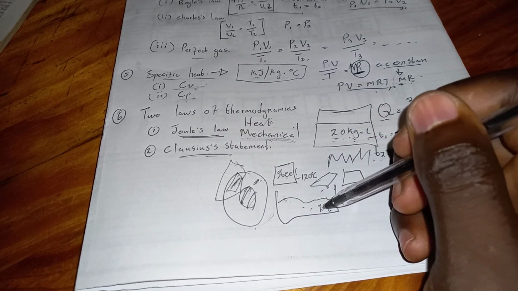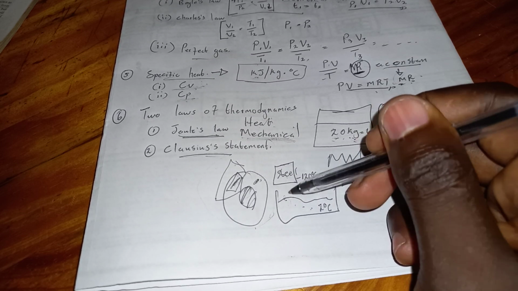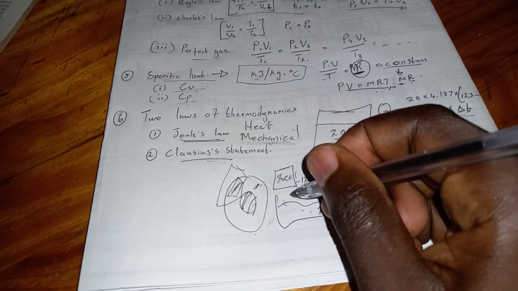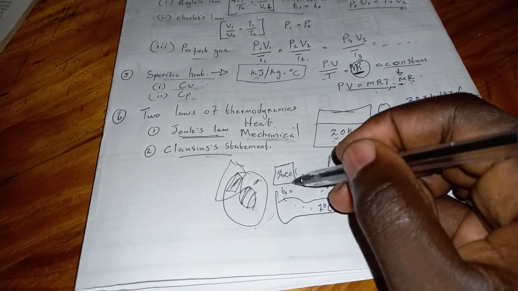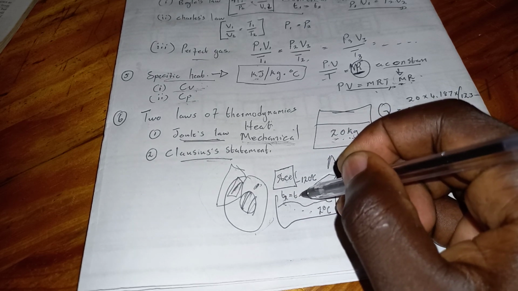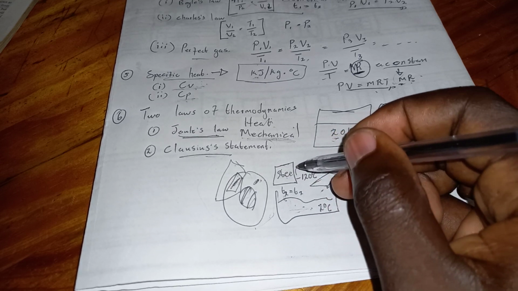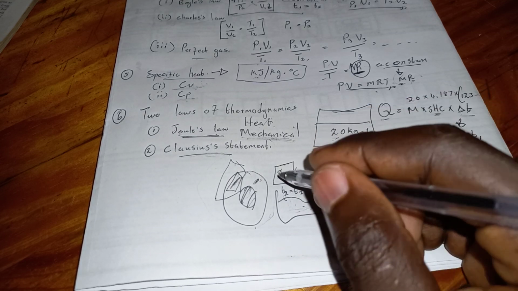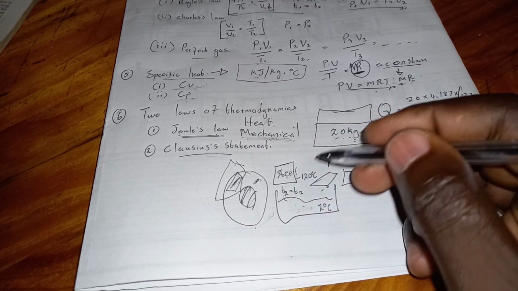This continues until both substances or bodies are at the same temperature. So that's why the final temperatures have to be the same. The temperature of the water and the temperature of the steel will be the same. That's where heat transfer will no longer take place.